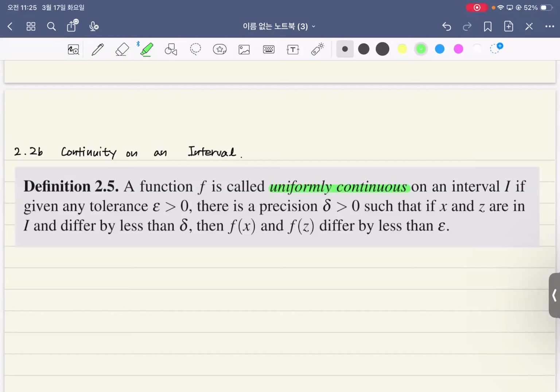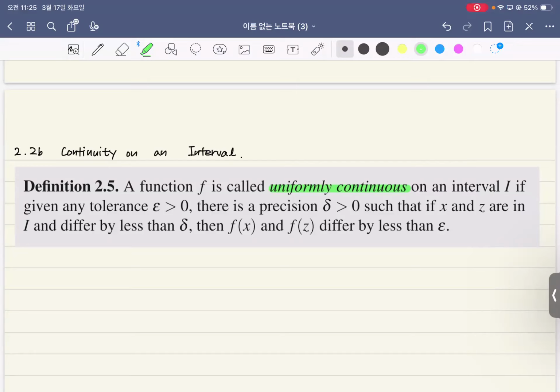We say a function is uniformly continuous on an interval. Uniform continuity can be stated not only at a point, but on an interval. Now here goes the definition. For any positive real number epsilon, you must be able to find another positive real number delta satisfying a certain condition.